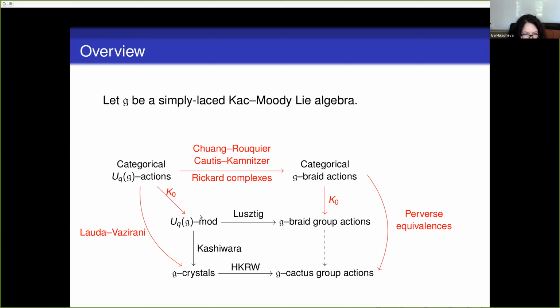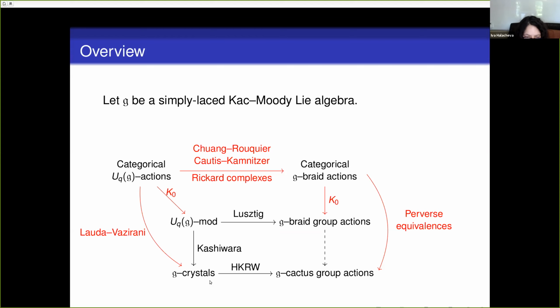Furthermore, this arrow going down here is a construction originally due to Kashiwara, where given a quantum group module, by taking a certain limit as q goes to 0, you can obtain a G crystal for the given representation. There are various models for them, combinatorial, geometric, and so on.